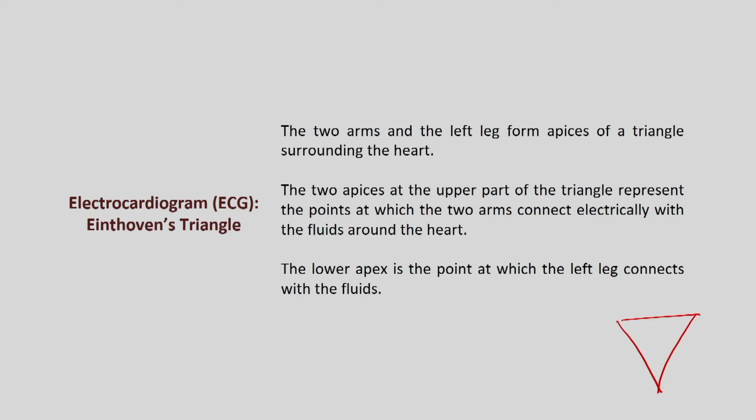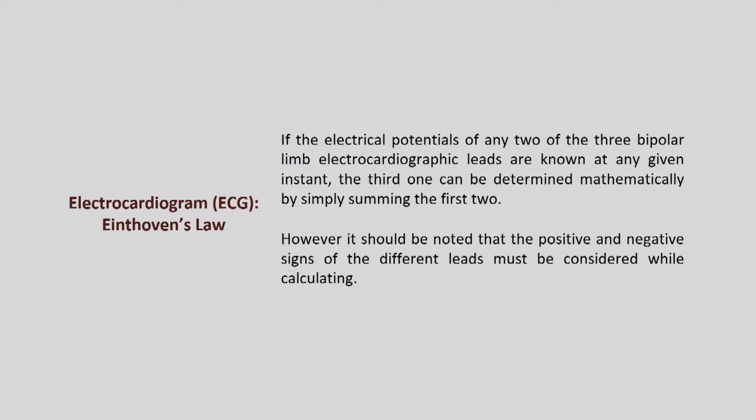The two apexes of the upper part of the triangle represent the points at which the two arms connect electrically with the fluids surrounding the heart. And the lower apex is the point at which the left leg connects with the fluid. It has a particular law.